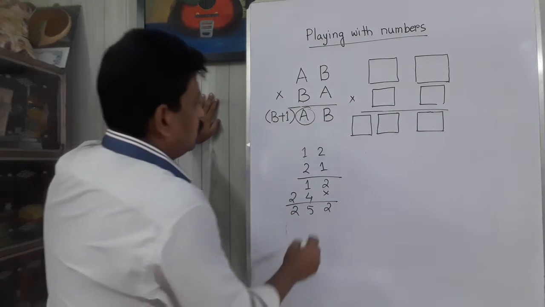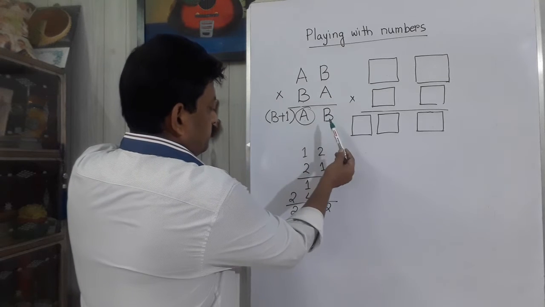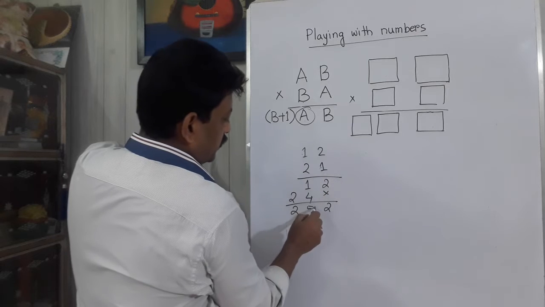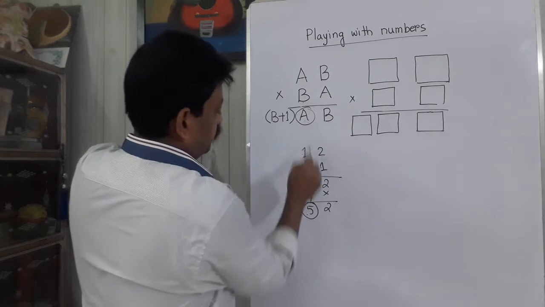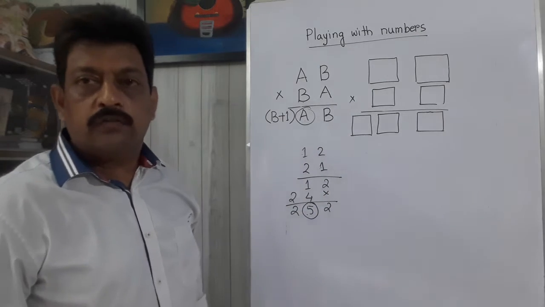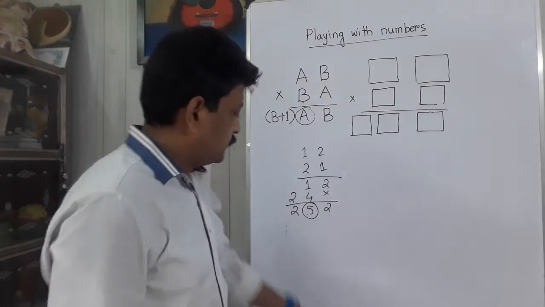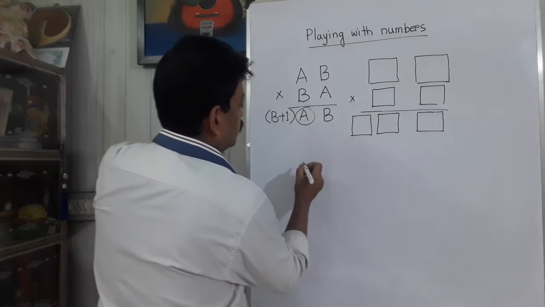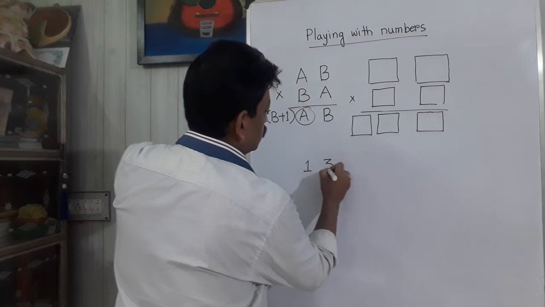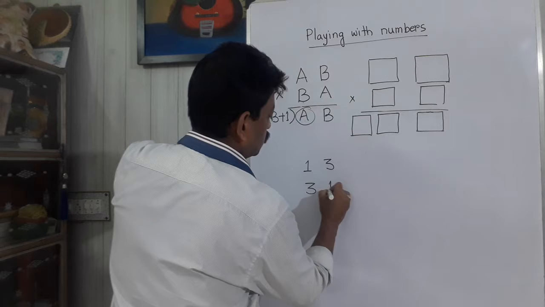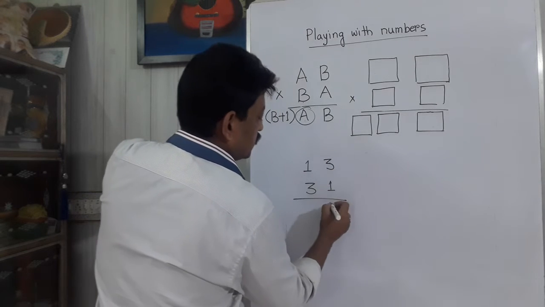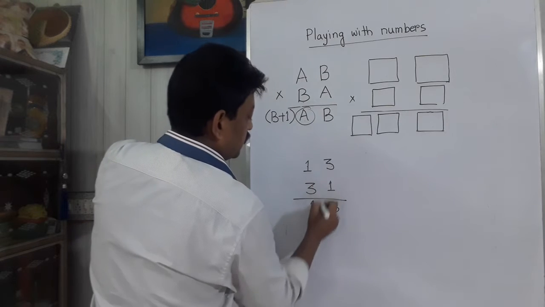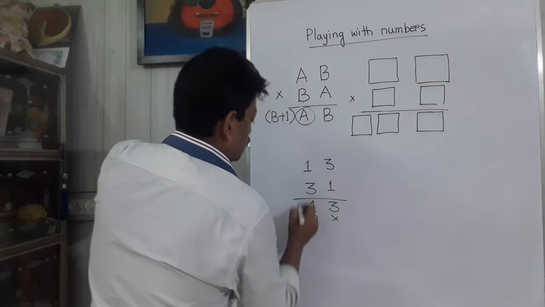So here we have taken A as 1, but here we are getting A as 5. So this is not correct. We cannot take 2 here. Let me check with 3. 3 ones are 3, 1 one is 1, 3 threes are 9, 3 ones are 3.